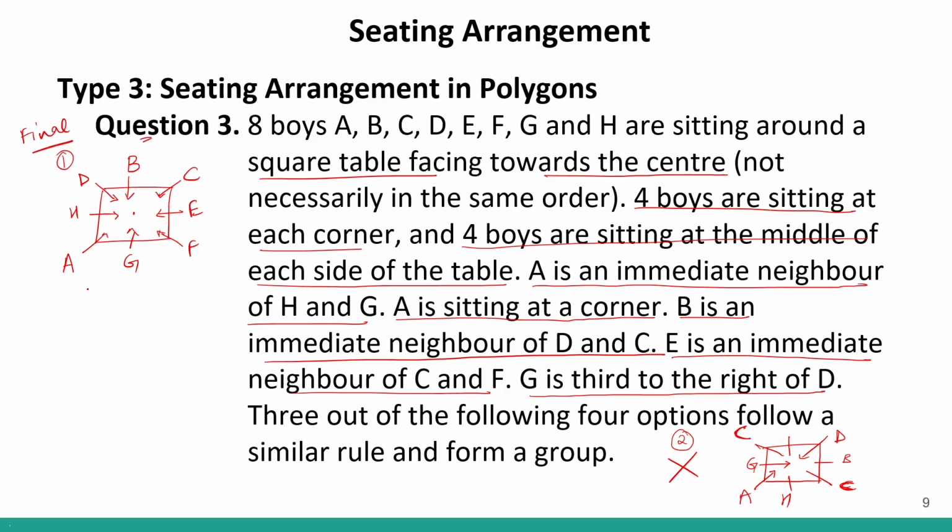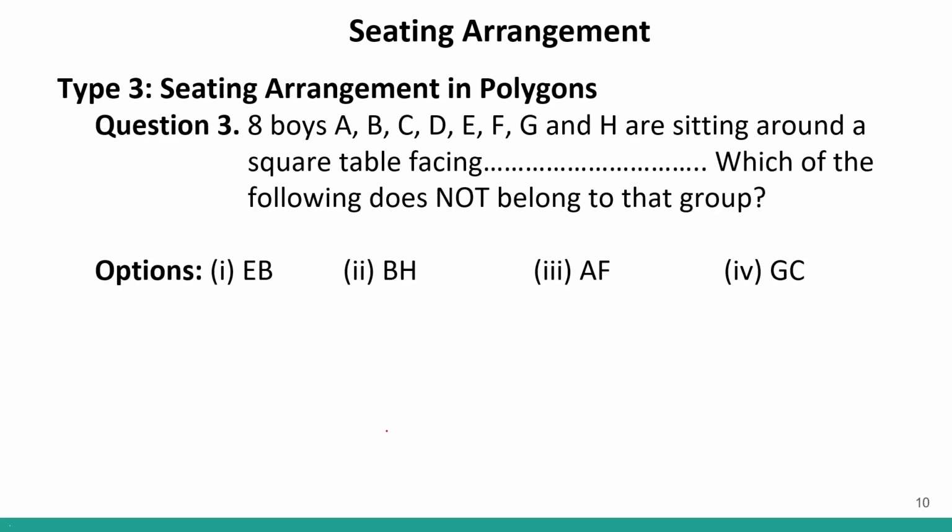Clear? Now, the question is 3 out of the following 4 options follow a similar rule and they form a group. Correct? So options we will look in the next slide. The question is, which of the following does not belong to that group? So options are EB, BH, AF, GC. So let me draw the diagram over here for the reference.